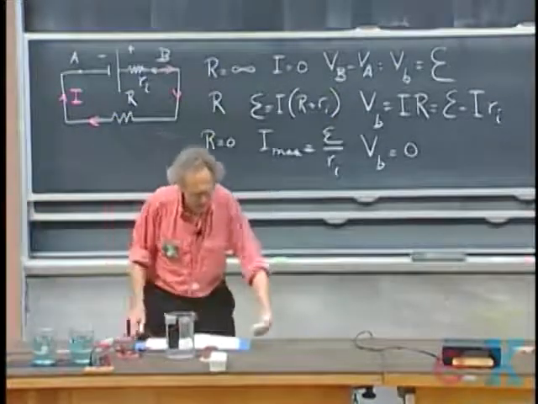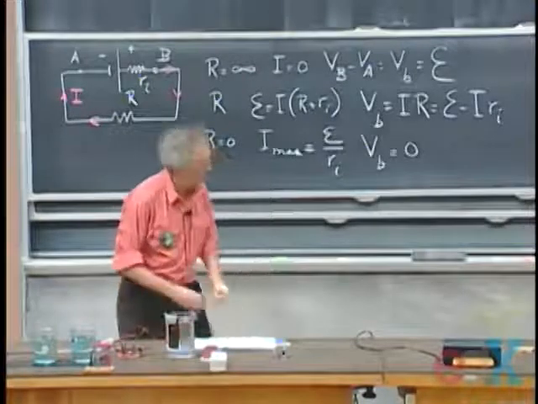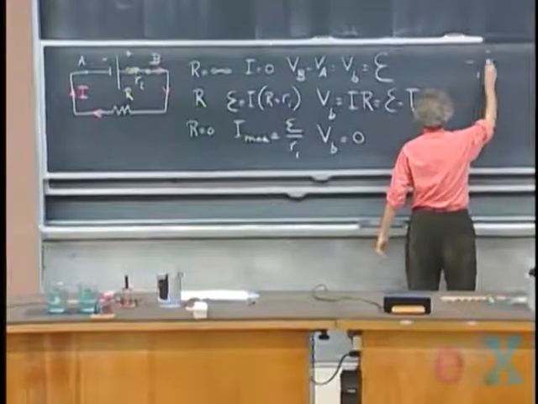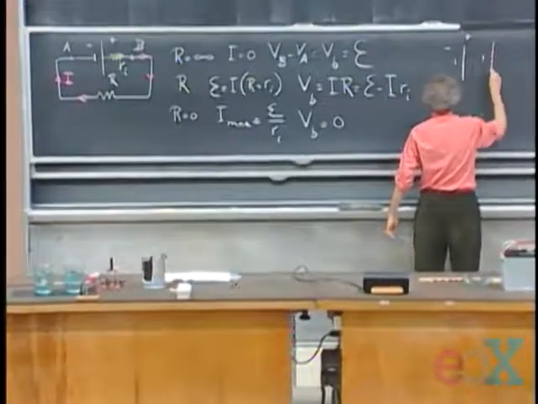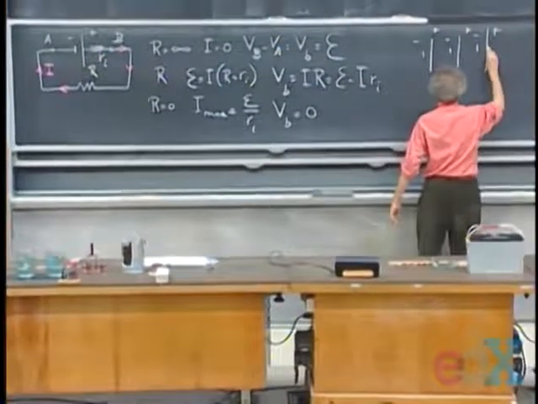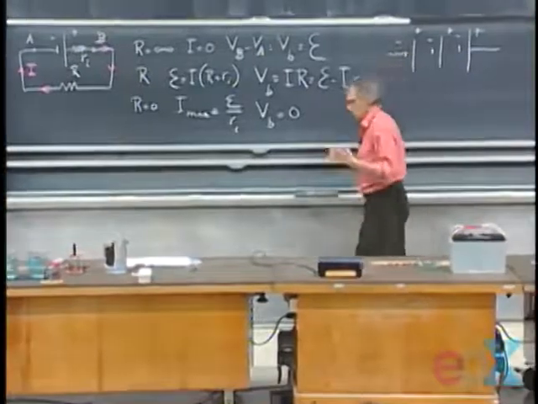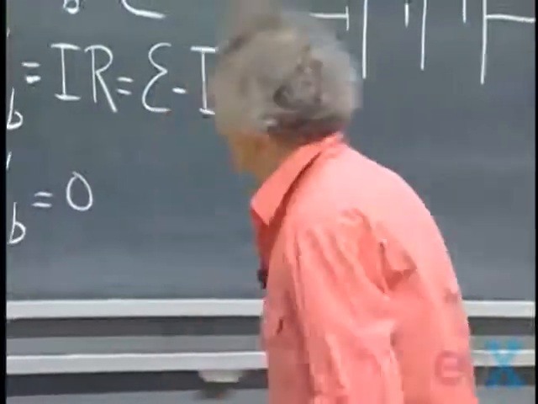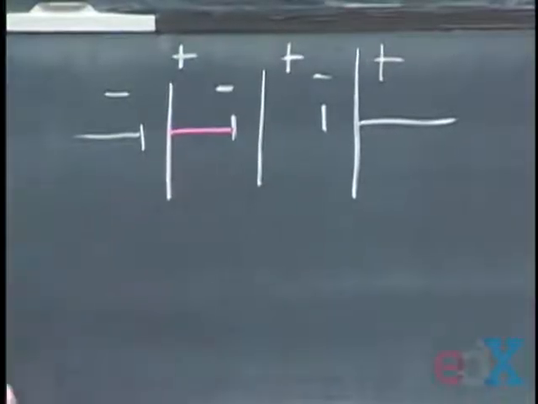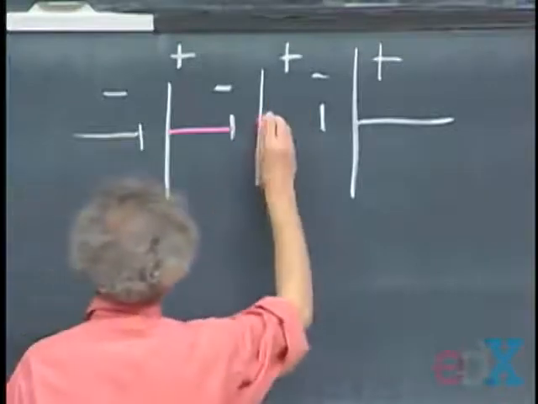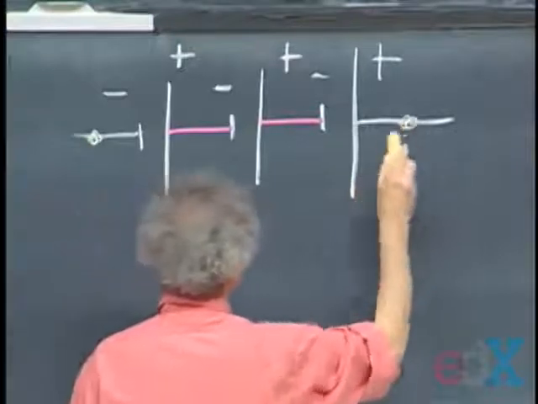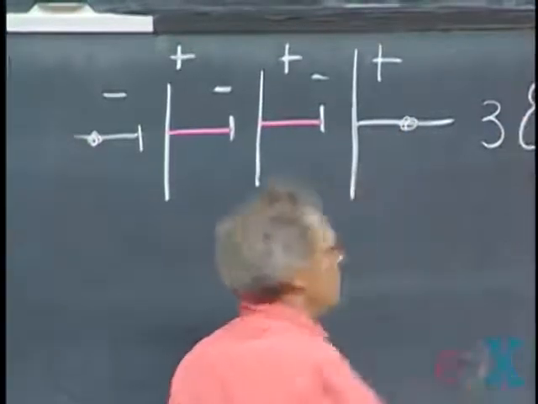You can put batteries in series and thereby get a higher potential difference. If this is the negative side and this is the positive, I have an independent one, negative, positive, and an independent one, negative, positive, each one with an EMF E, then I can connect the positive side of one with the negative side of the other, just a conducting wire, and the positive side of this with the negative side of the other, and now the potential difference between these 2 points is now 3E.